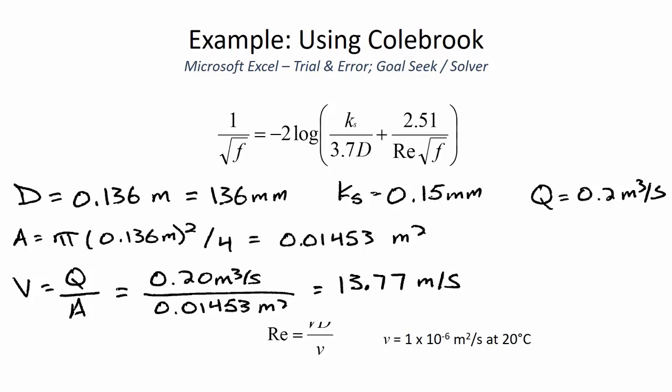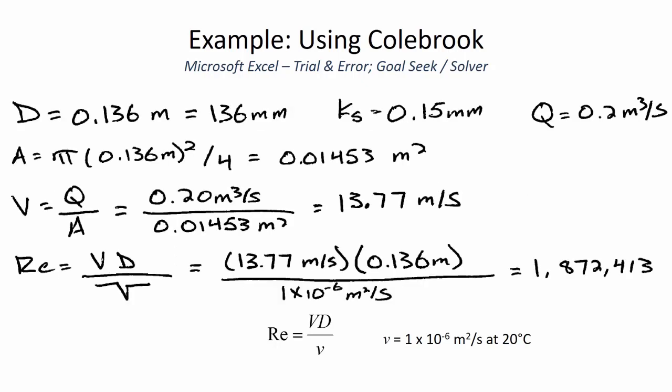And so the Reynolds number then is going to be the velocity times the diameter divided by the kinematic viscosity. Okay, so the velocity, 13.77 meters per second. The diameter, 0.136 meters. And the kinematic viscosity of water, typical value, as it says on the screen there, is 1 times 10 to the minus 6th meters squared per second.